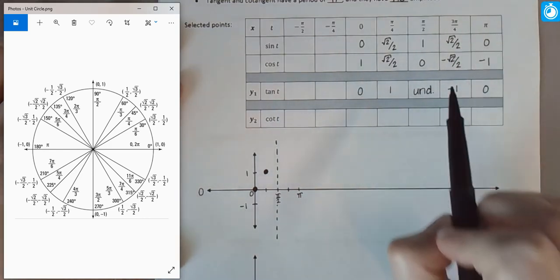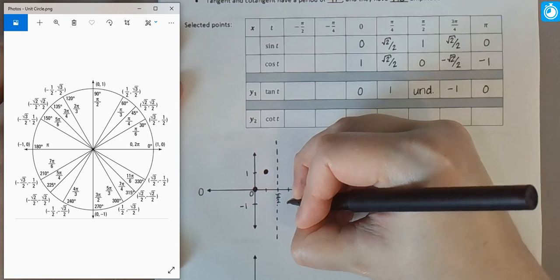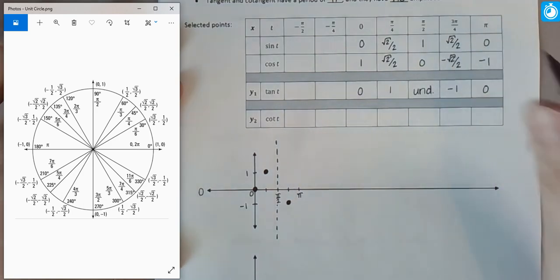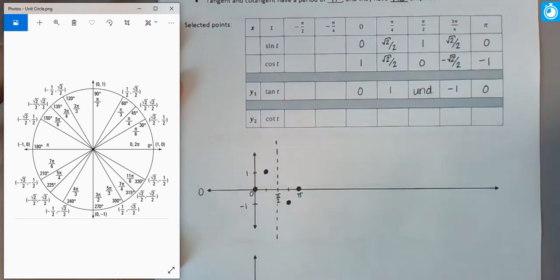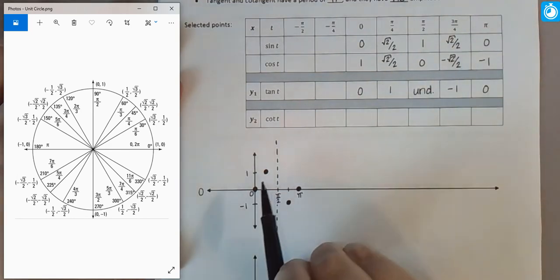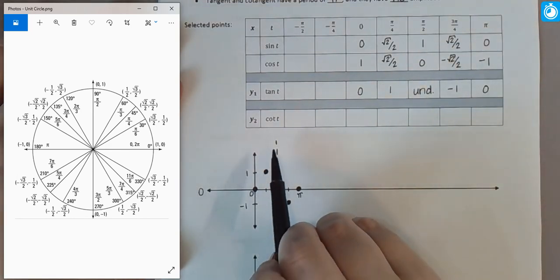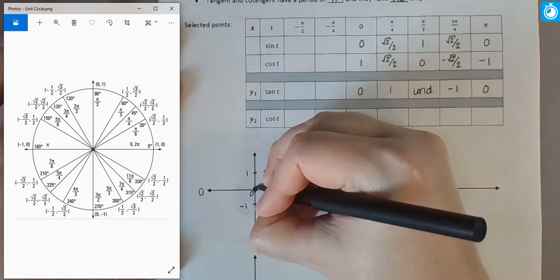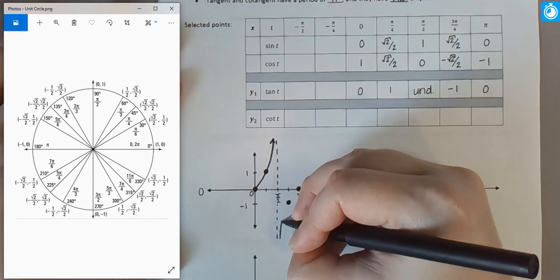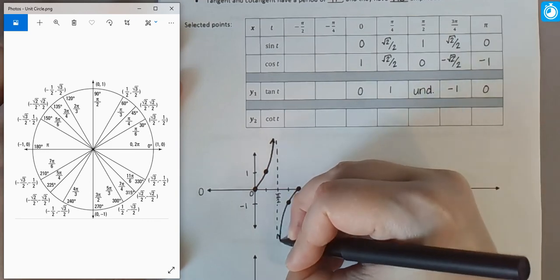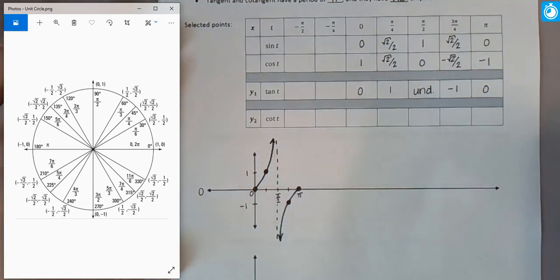Now when we get to 3 pi over 4, we're at -1. And then at pi, we're at 0. So we end up increasing, hugging that side of the asymptote over here, and then from -infinity, increasing on that side of the asymptote.